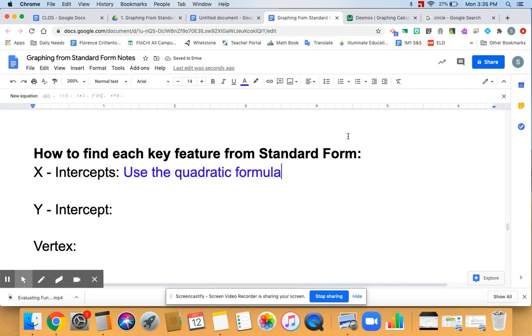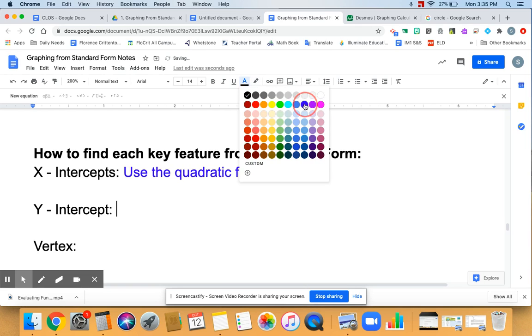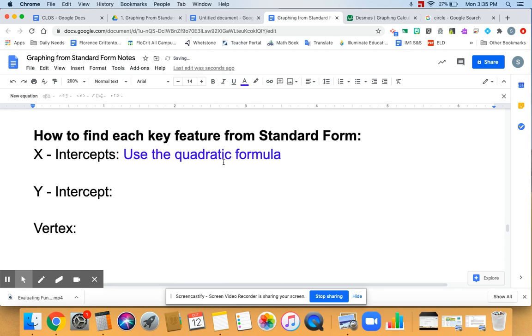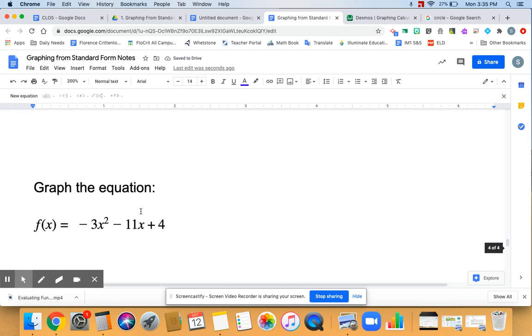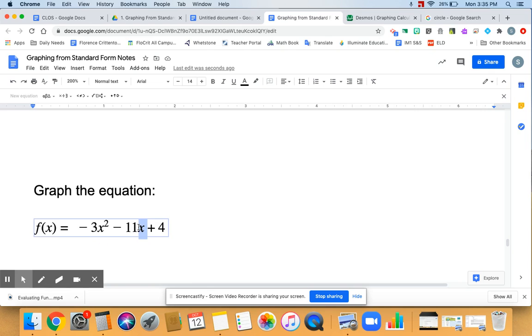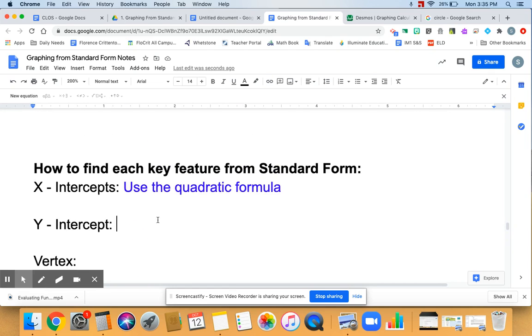And remember, when you use the quadratic formula, you end up with two answers, and that's where you get your two x-intercepts from. The y-intercept is where x equals 0. So if you take the example equation, all you do is make x equals 0, and then put it in a calculator.